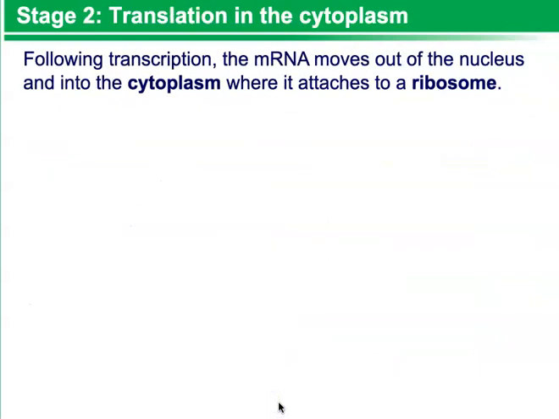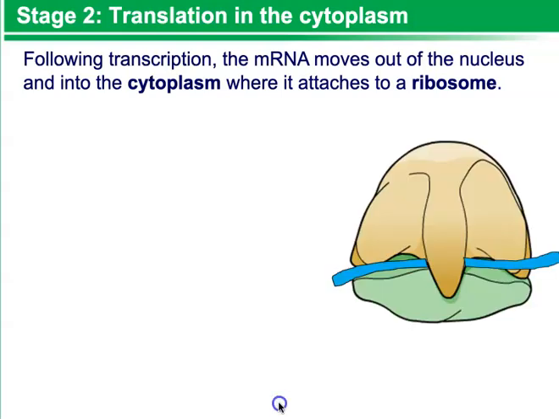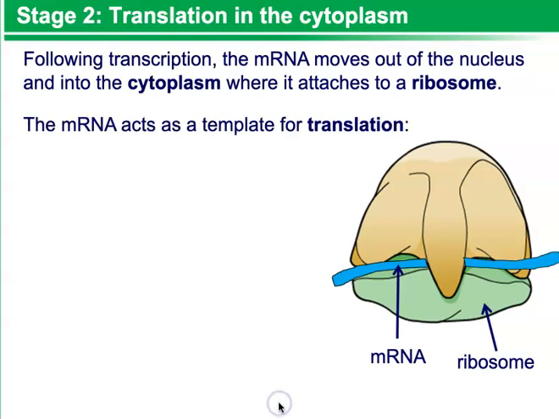Stage 2, translation in the cytoplasm. Following transcription, the mRNA strand moves out of the nucleus and into the cytoplasm, where it attaches to a ribosome. The mRNA acts as a template for translation.